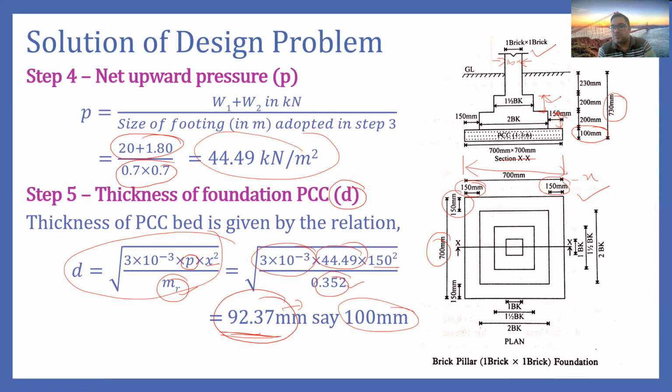The depth of each step should be equal. So we have taken this equivalent to 200 and 200, and the remaining depth will be this one. From the ground to the first step, this will be the remaining depth, that is 230 mm. That is how we draw the sketch. So that completes this design problem.